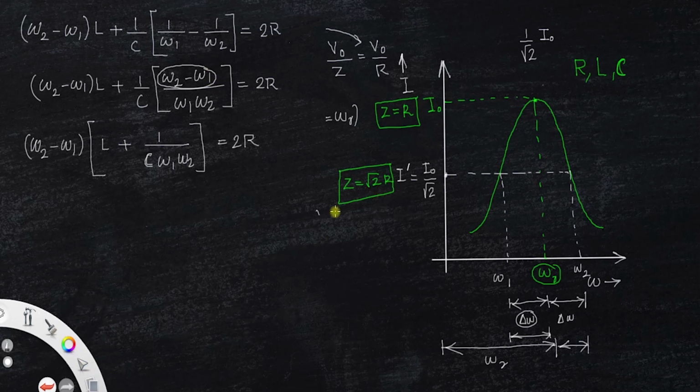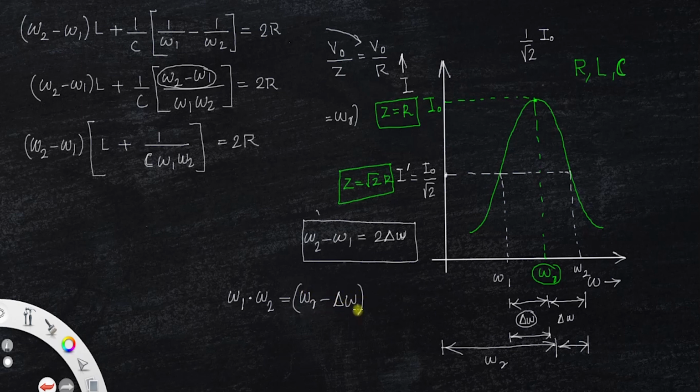Also we already know omega 2 minus omega 1 is equal to 2 delta omega. That is the bandwidth. And we know omega 1 into omega 2, where omega 1 we took as omega r minus delta omega and omega 2 is omega r plus delta omega.